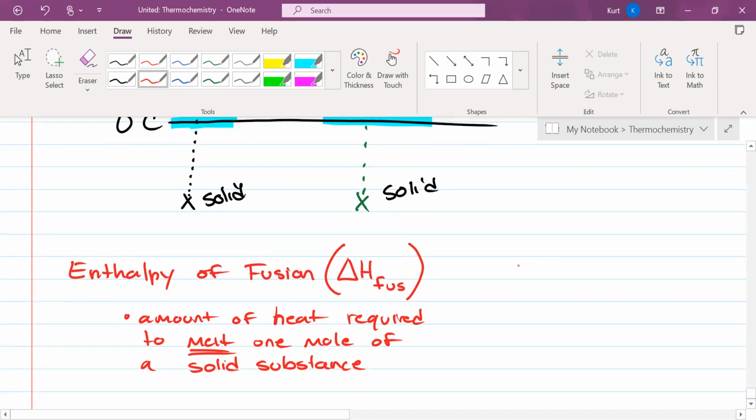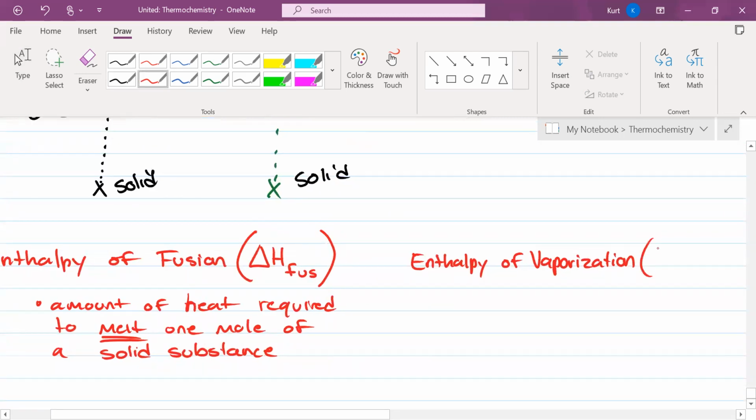And then we also have enthalpy of vaporization. The symbol is going to be delta H, V, A, P. What do you think the definition is based on the definition of the enthalpy of fusion?